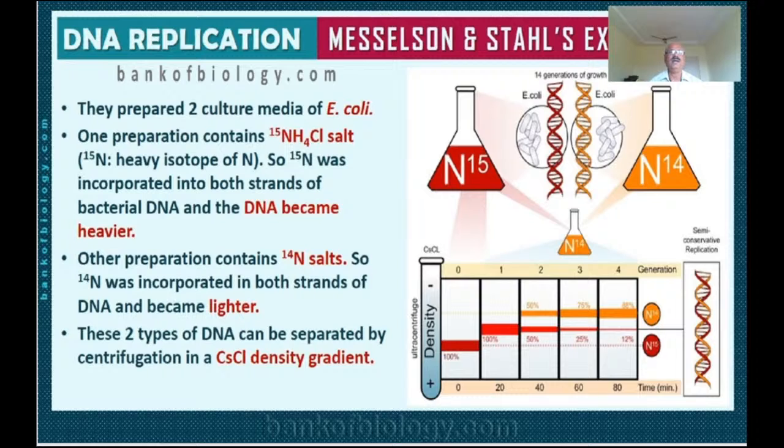The other preparation contains N14 salts, that means normal nitrogen. So N14 was incorporated in both strands of DNA and became lighter. These two types of DNA can be separated by centrifugation in a cesium chloride density gradient.